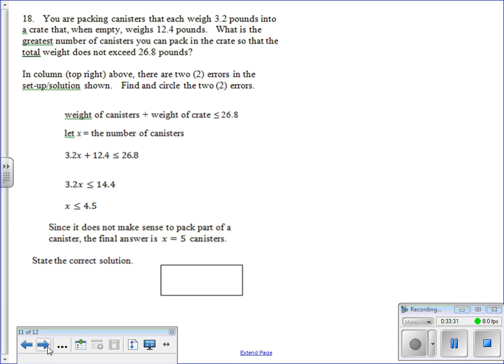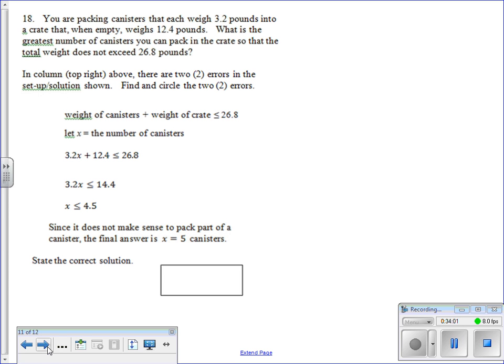26.8 minus 12.4. Is that 14.4? Is that right? I think this is one where I actually screwed up and didn't have a mistake. I knew there was one. But it's on the practice test, not on the real test. 14.4 divided by 3.2 is not 4.5.